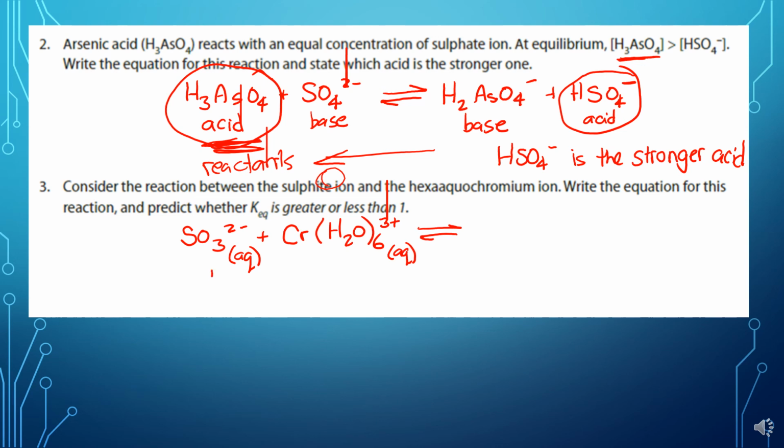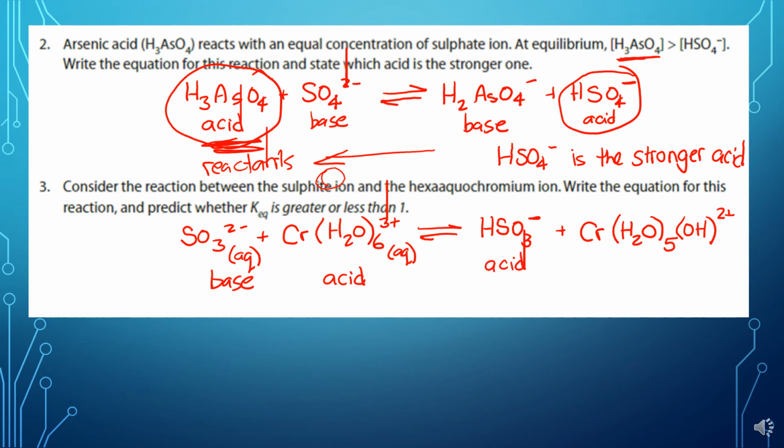So first thing that I'm going to do, I'm going to identify my base and my acid. The sulfite ion cannot donate, so it has to accept the hydrogen ion. So one of those waters in the hexaaquochromium is going to be broken down. And you can see that we've got an acid and a base on the product side.